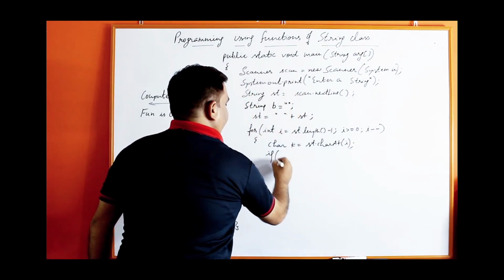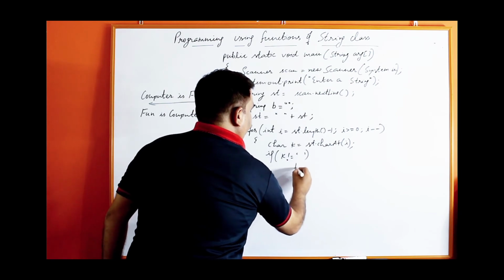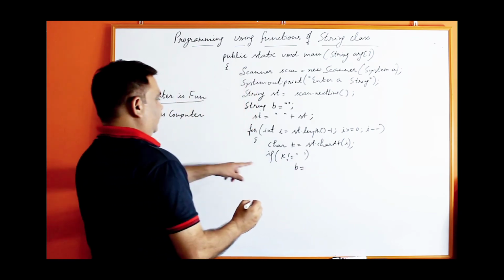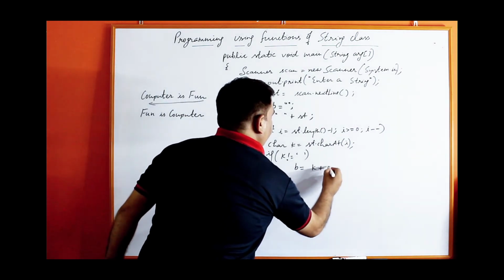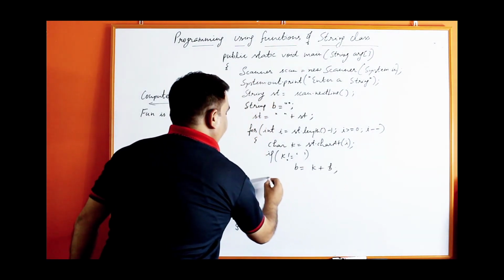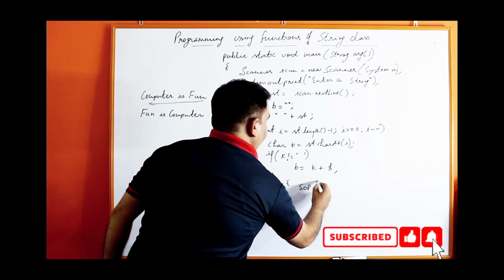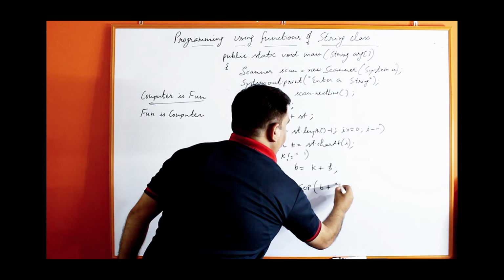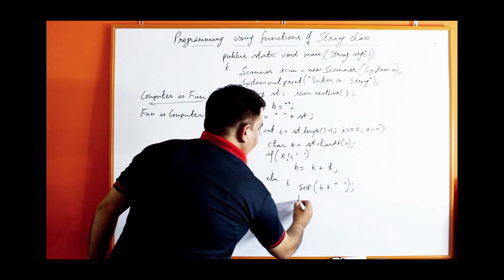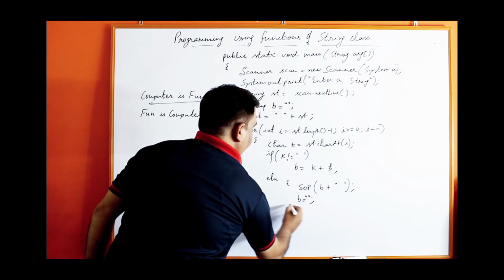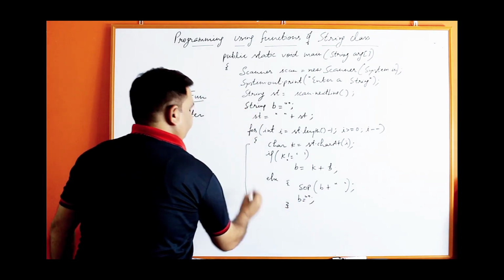If character is not space, then join in B, B equal to K plus B. This way you have to concatenate, and in the else block print the word B with space. System.out.print B with space and make it empty or blank. Close the loop. So, this is the loop.